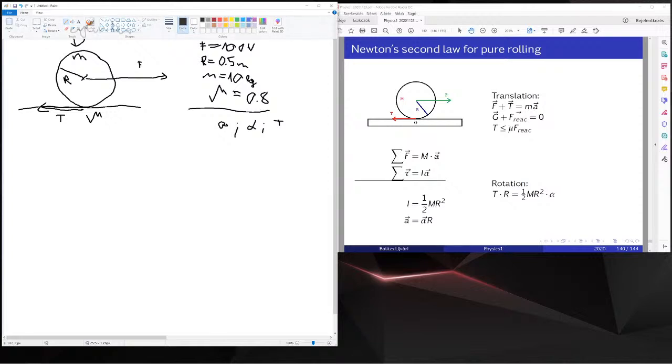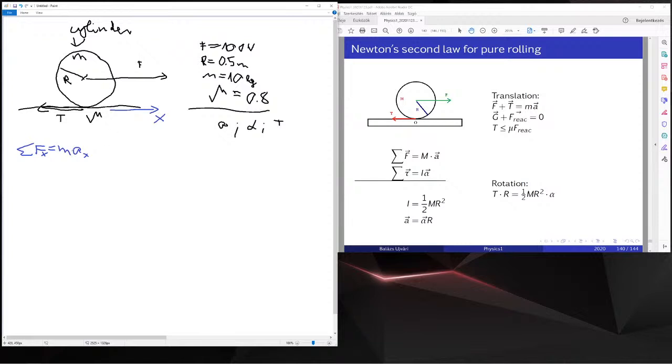At first, for translation, we know the sum of the forces will be m times a. So if this is the x-axis, we have to worry only about the x components of the forces and the x components of the acceleration.